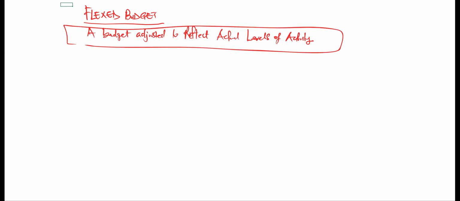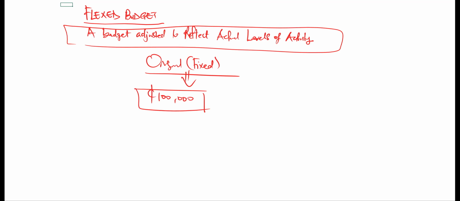It means that my original budget, which is usually static or fixed, what every company initially planned, is a fixed budget. Assuming this fixed budget had a cost of 100,000 cedis, and this was for 10,000 units.